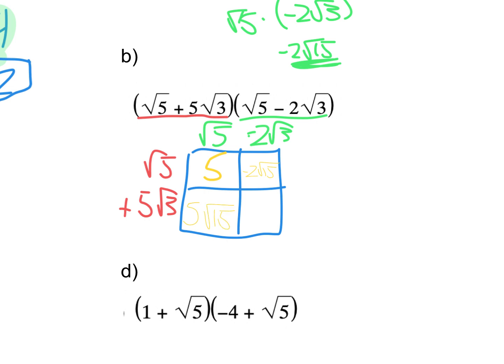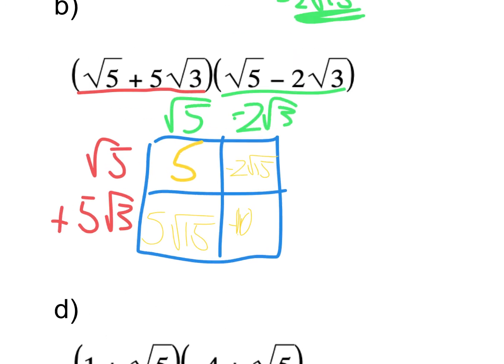And lastly, we have 5 square roots of 3 times negative 2 square roots of 3. So I will multiply the 5 and the negative 2, since those are coefficients. That will get me negative 10. And then the square root of 3 times the square root of 3 is just 3.